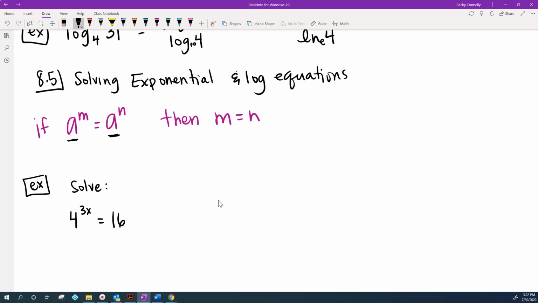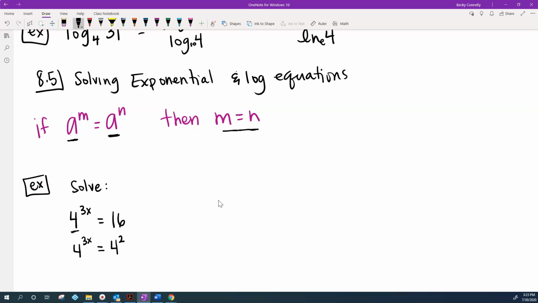If we can get them the same, then we can just set the exponents equal to each other and solve it from there. Right? So I'm thinking, okay, how could I change the look of 16 so that it matches this base over here? I want 4 to the something power. What would that something be? Yeah, 4 to the second.